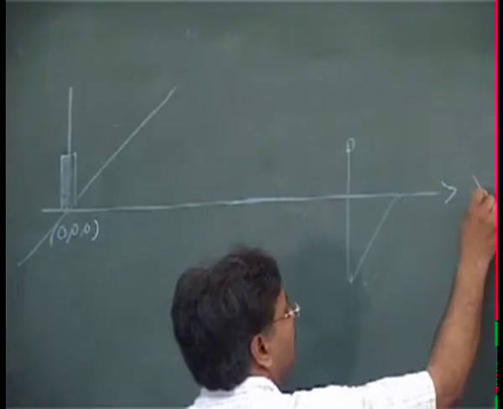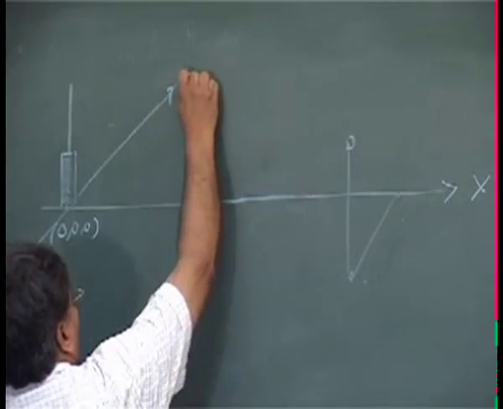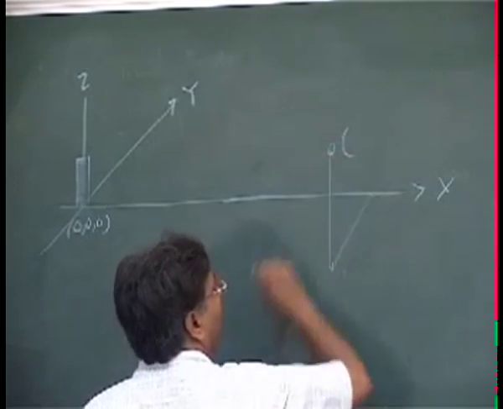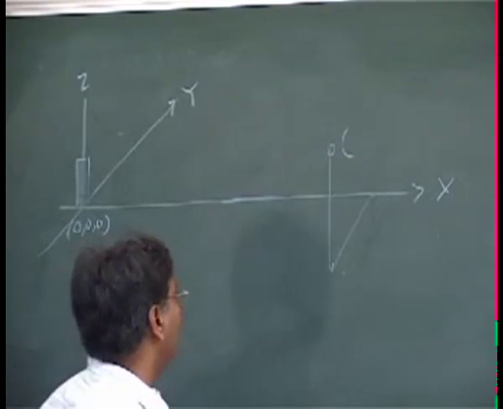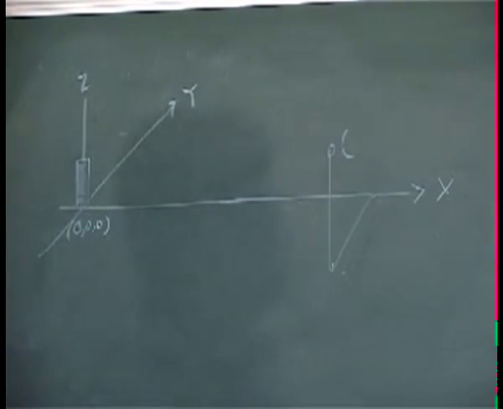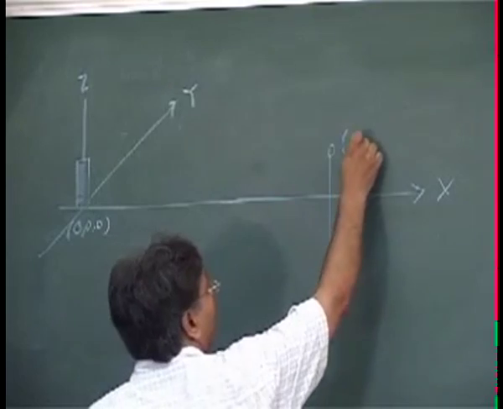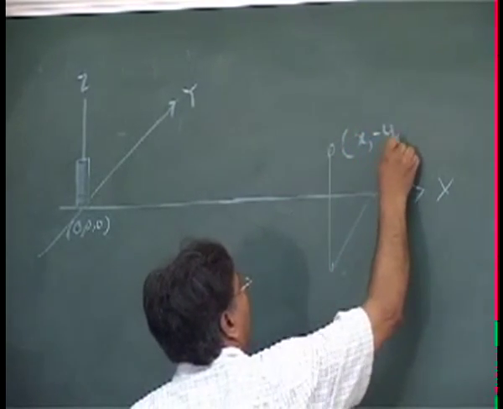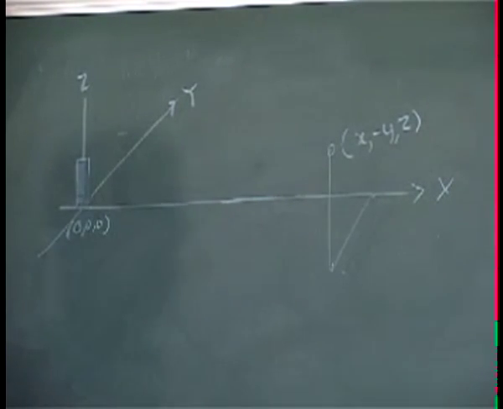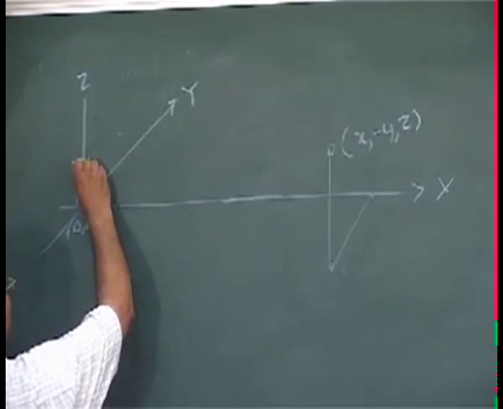Don't forget, this is the x direction, this is y, and this is z. So the coordinates of this point, just for the sake of understanding our coordinate system very well, because we will use this several times, if you agree, I can write this equal to this, just to give you a little feel of it. And let's say this is my chimney. Now I am introducing a source. So far we have not talked about the emission source. So now I am introducing a source.